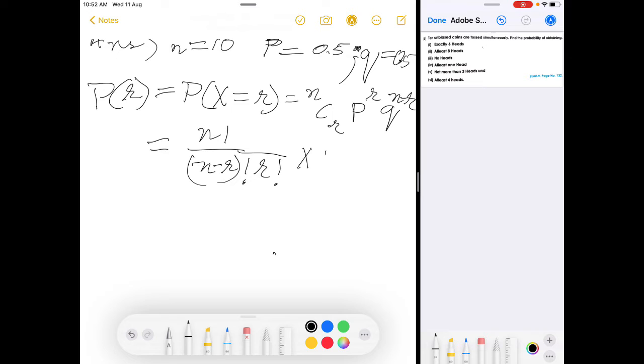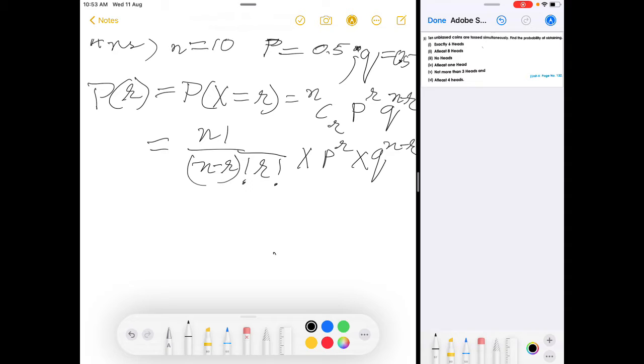This whole thing is multiplied by p to the power r multiplied by q to the power n minus r. Using this formula we will solve most of these problems. For some we will have to change the logic a bit, but more or less this is the method.